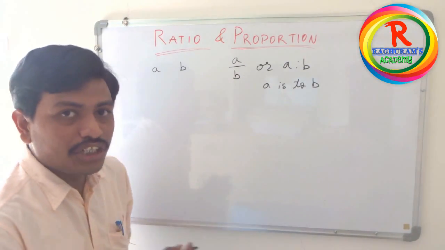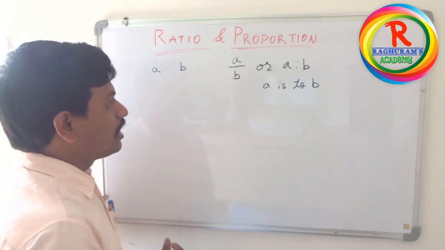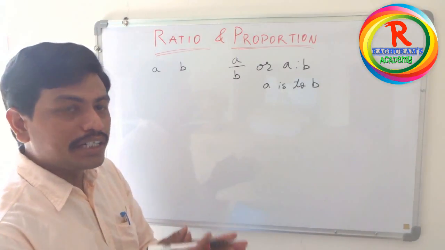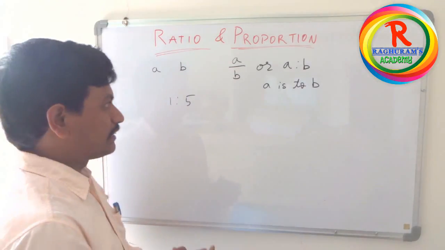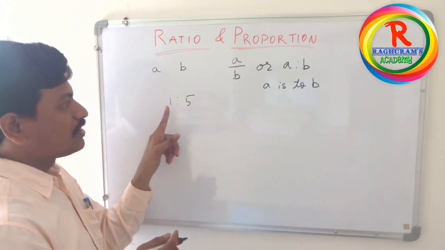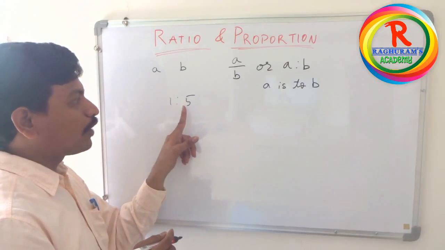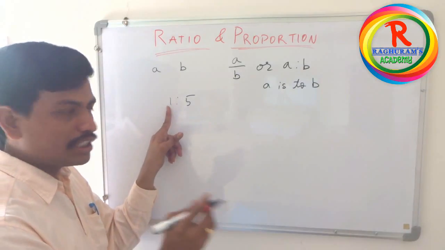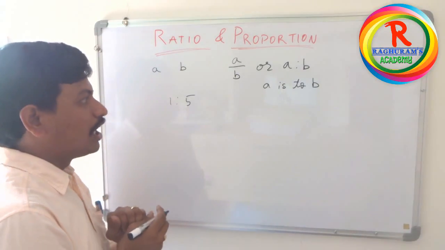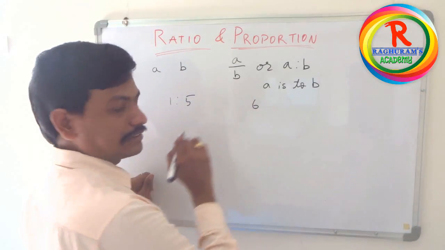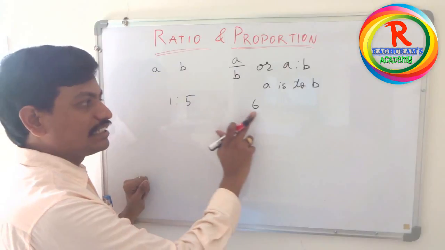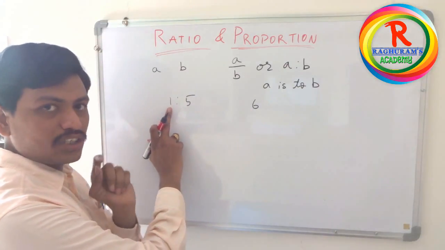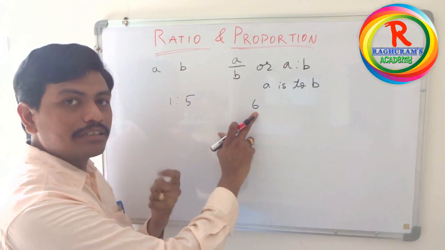Suppose in a mixture of salt water, the salt and water are in the ratio 1:5. 1 is the salt and 5 is water. Out of 6 units, since 1 plus 5 is 6, 1 unit is salt and 5 units are water.